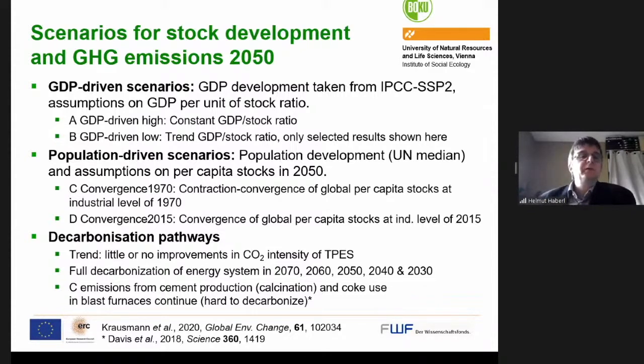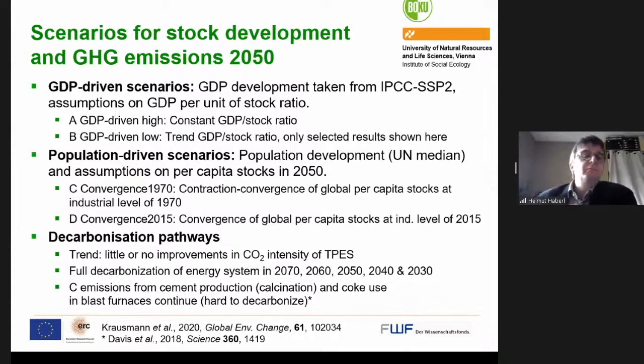So one would be to converge at the level the industrial countries had achieved in the 1970s, which would mean that the stocks would be reduced in the industrial region to a level of 1970, which perhaps even allowed a good quality of life for people.